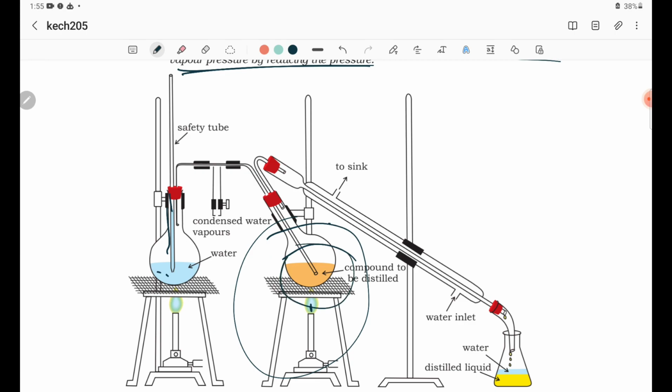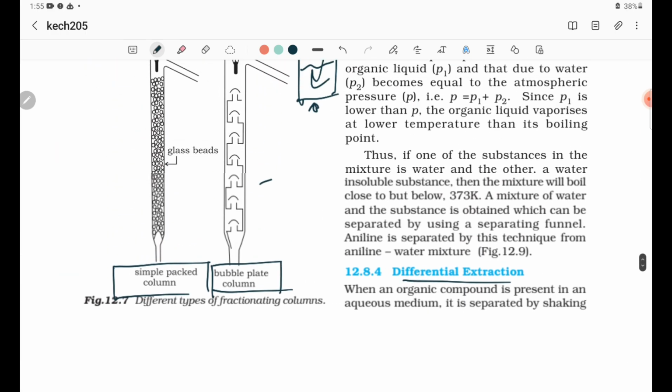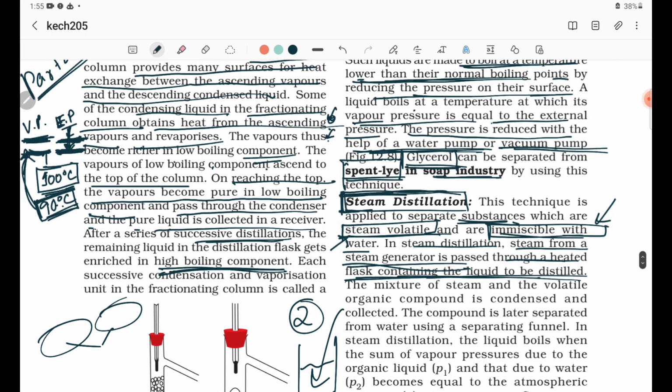Here condensed water vapor is coming out. How are we passing steam? You need to generate the steam, right? So for making the steam, water is heated over here. So we are passing steam in the heated flask containing the liquid which is to be distilled.